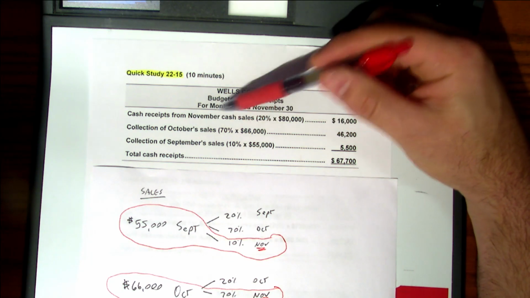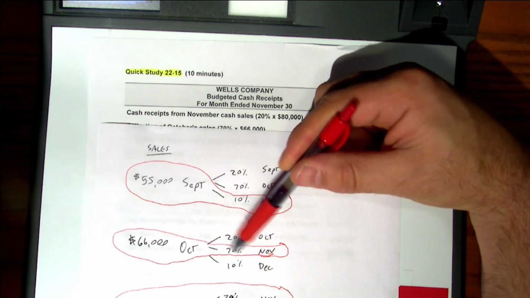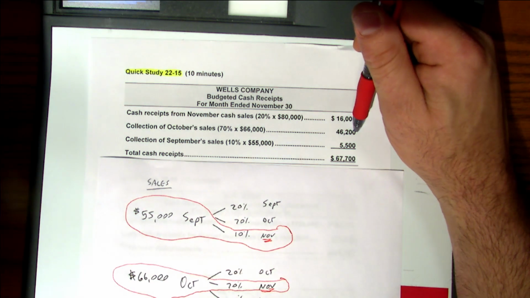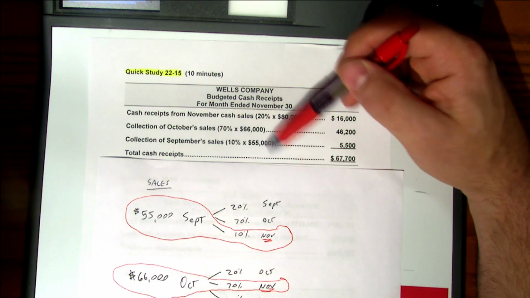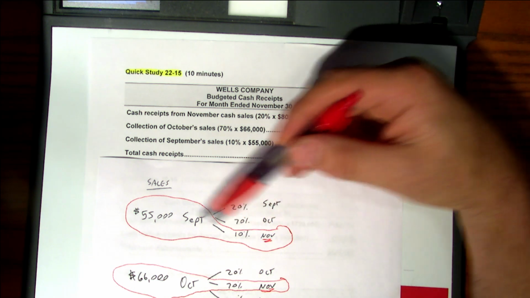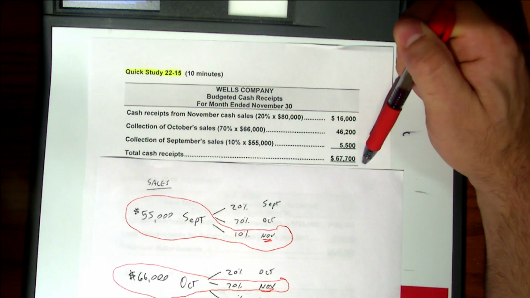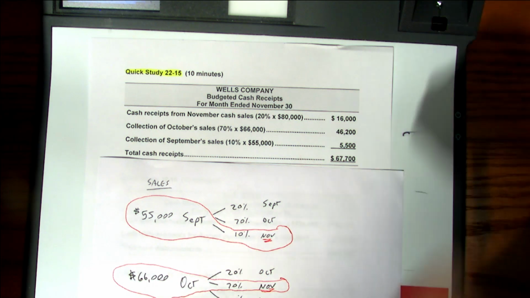Collection of October sales is 70% of 66,000. That equals 46,200. And then also coming in November will be 10% of September sales of 55,000, which equals 5,500. That equals your total cash receipts, which are 67,700.